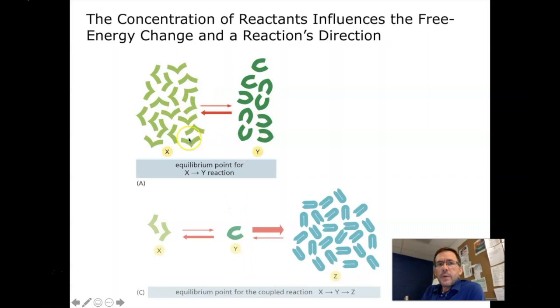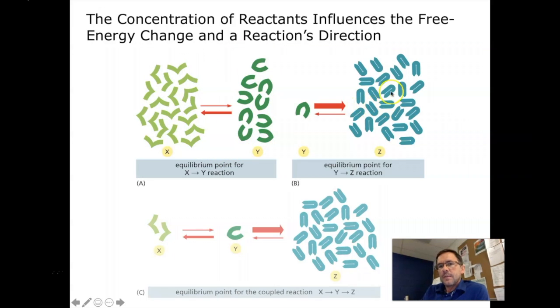Right, so here we have a reaction which is really not that favorable, right? Y is even being converted to X in this particular context right here. But the cell needs to take this unfavorable reaction and couple it to something very favorable.